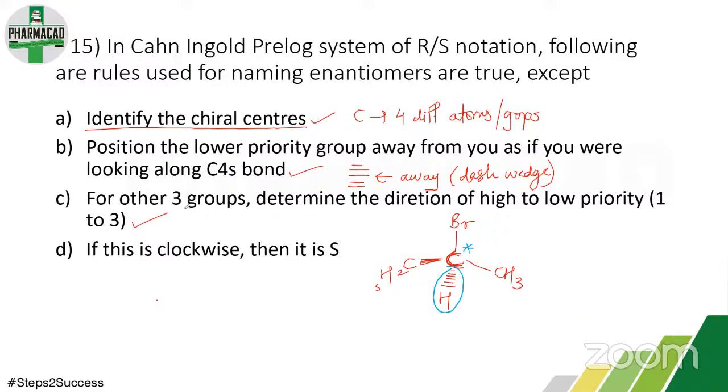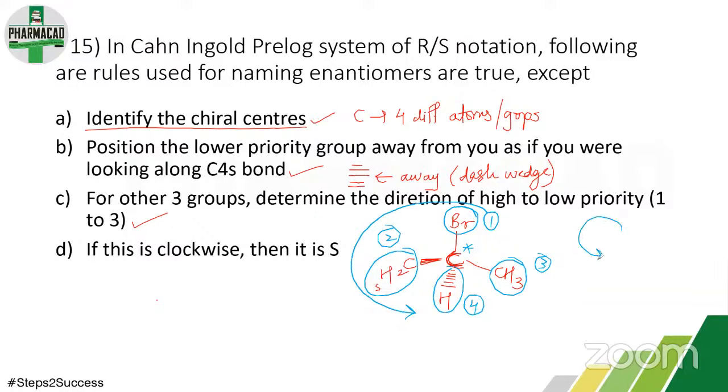Then for the other three groups, determine the direction of high to low priority. Let's see. Bromine's priority will be 1, after that ethyl, after that methyl, and after that hydrogen. Then let's move from 1 to 2. It is anti-clockwise in this manner.